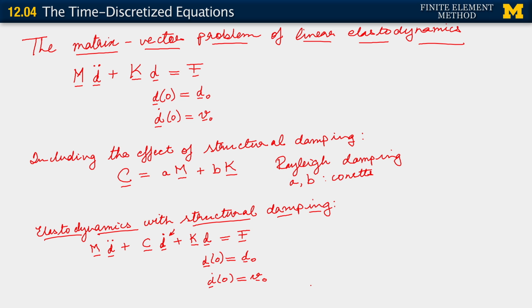From here, for time discretization, we do exactly what we did before, which is to say that our interval 0 to T, we write as the union of all these time intervals, t0 to t1, and so on, all the way up to t sub n minus 1 to tn.